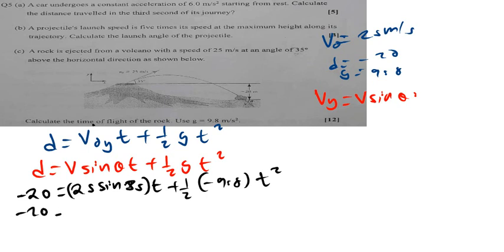So I have negative 20 is equal to 25 sine 35, which gives me 14.3394, so I can just say 14.34. Because of the minus, I'll have minus 9.8 divided by 2, which is 4.9 t squared. What I can do now is shift this to the left-hand side so that the right side is 0.